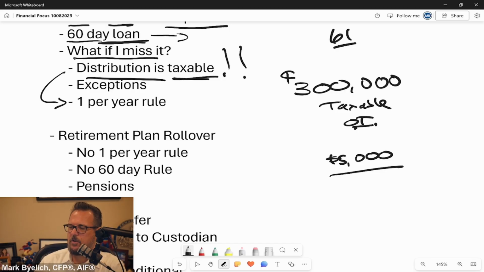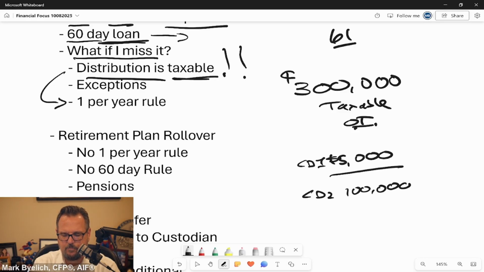So we're going to say, okay, well, I'm going to roll my banks. Let's go back to the bank CDs. Let's say you've got 2 bank CDs. CD 1 is for $5,000 and CD 2 is for, let's call it $100,000. And it's 2025. So on 10/8, this CD comes due.